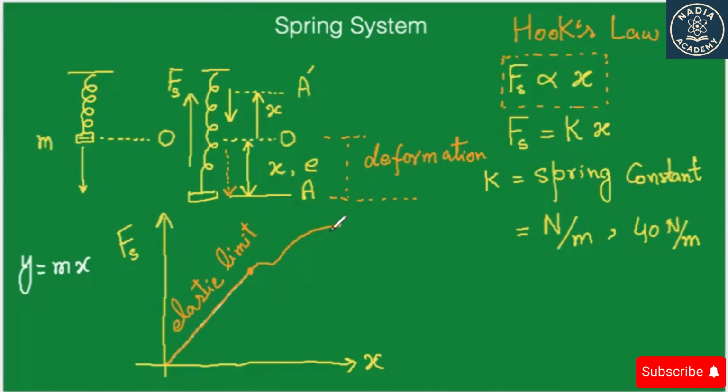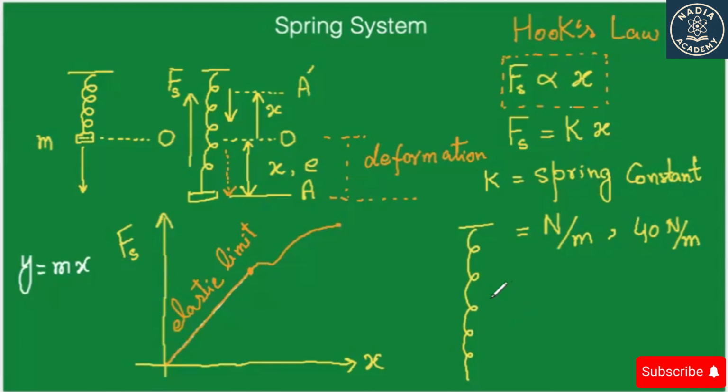So why the non-linearity? Let's have a look at what would happen. Now you can also understand, maybe you already have this experience, that if, for example, we have this spring and we extend it too much, then what will happen? After removing this external force, this spring will not come back to its original shape.